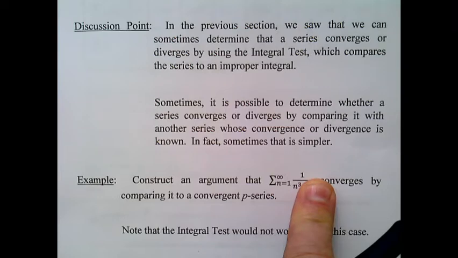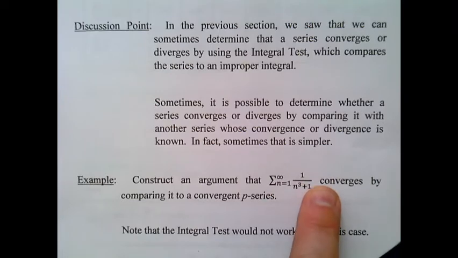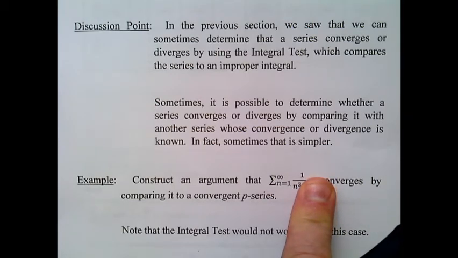We said last time that for any series where the nth term is 1 over n to a power, we used p for power, 1 over n to the p, if p is bigger than 1, the series converges. So if I didn't have that plus 1 there, I would have a convergent p-series, and I would basically be able to just state that. This is a p-series, p is bigger than 1, ergo, it converges.